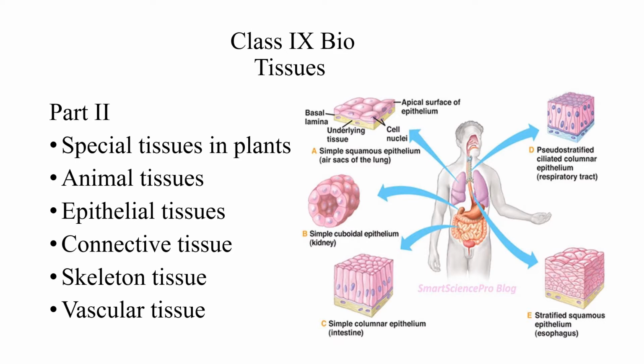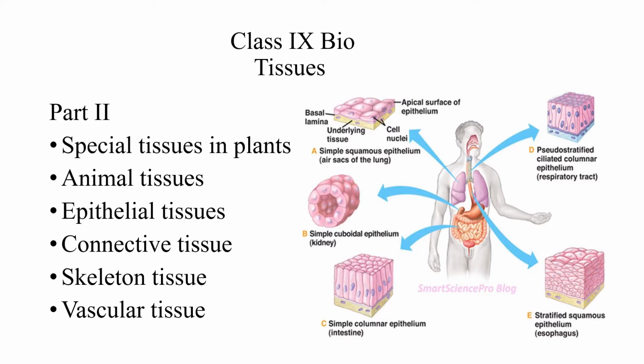Stay safe. Already we saw tissues part 1 about plant tissues. Last part in it was special tissues in plants. So now we are going to see about that in part 2, along with animal tissues.